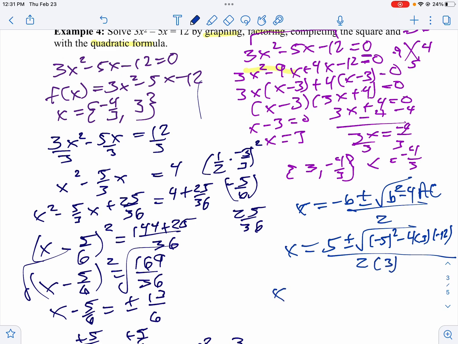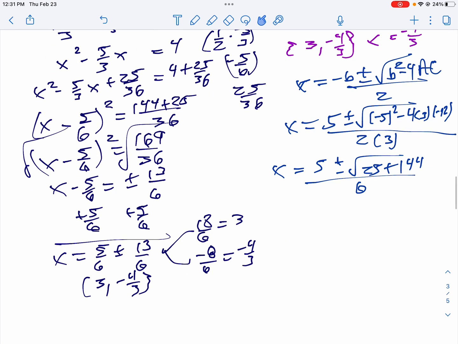Okay, so let's simplify that. So 5 plus or minus the square root of 25 plus 4 times 3 is 12, times 12 is 144, all over 2 times 3 is 6. So then we'll get x equals 5 plus or minus the square root of 25 plus 144, which is 169, all over 6.